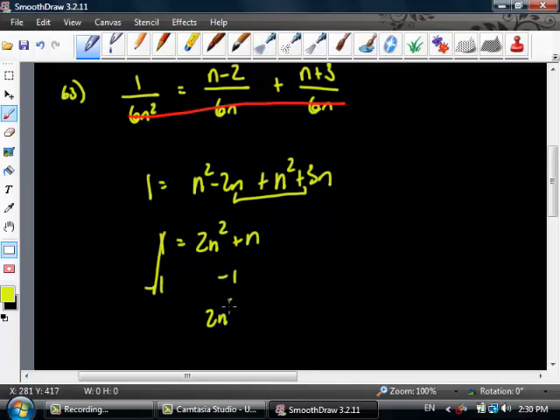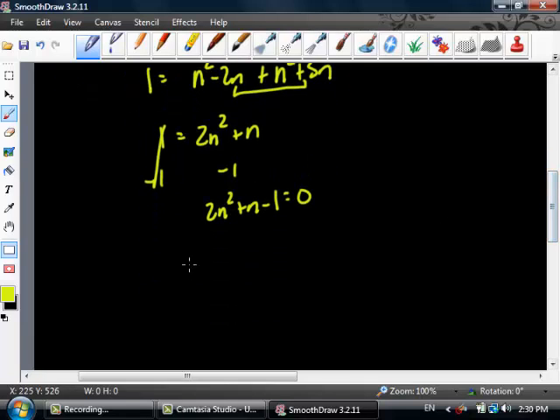This is 2n squared plus n minus 1 equals 0. And now I feel that these can be factored. So I say 2n and n, it's a 1 and a 1 because of the 1 right here. I need to create a positive n, so it's going to be positive 1 here and negative 1 here. So n equals 1/2 and negative 1.